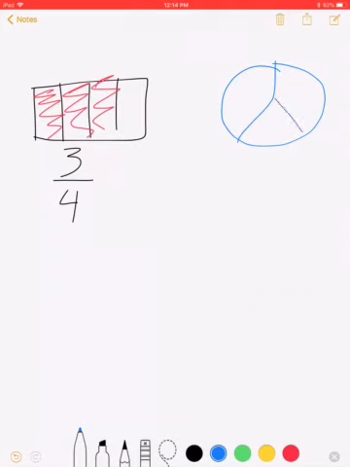Another fraction, I'm doing my best to draw equal parts. There, so asking yourself, what fraction did I just draw? I have 1 shaded out of 3 equal parts. Next, let's take a peek at another one here.